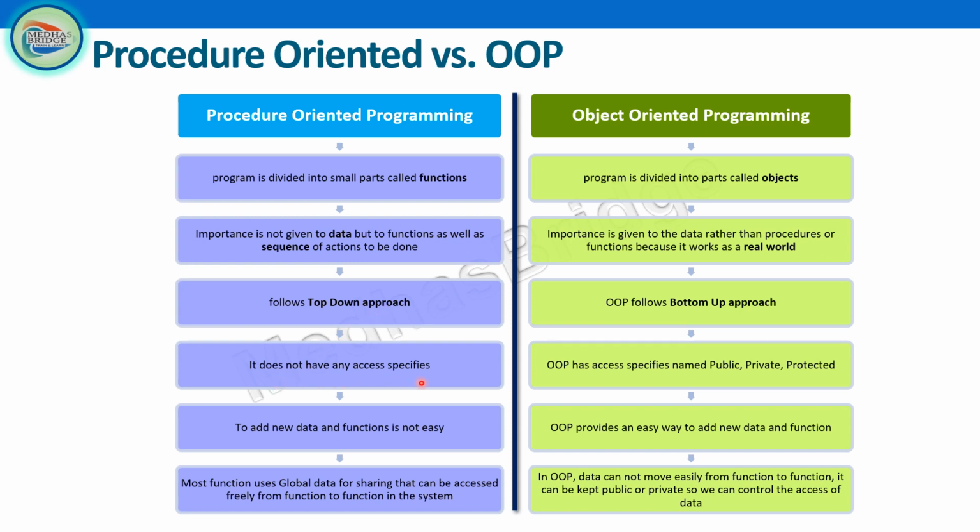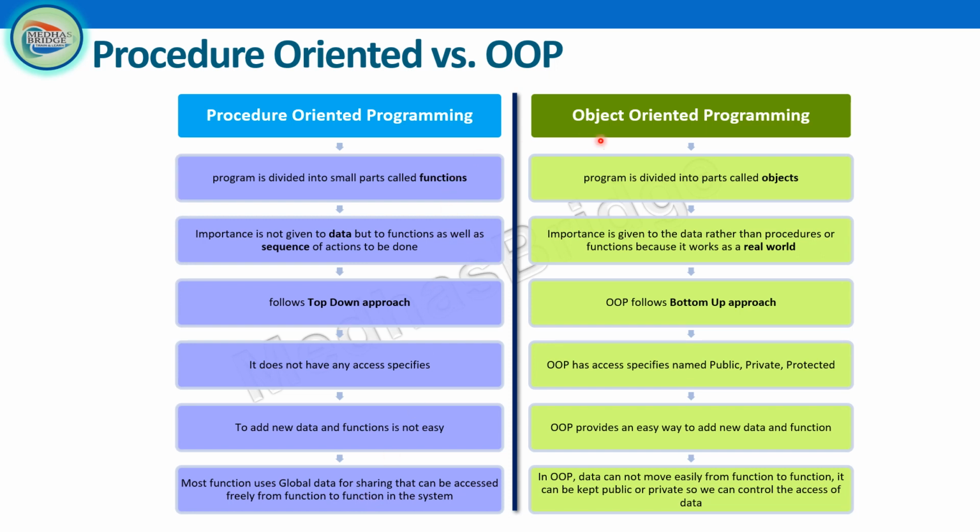It does not have any access specifiers. To add new data or functions to the existing program is not easy in procedure-oriented programming. Most of the functions use global data for sharing that can be accessed freely from function to function in the system. In a way, this is one of the disadvantages.